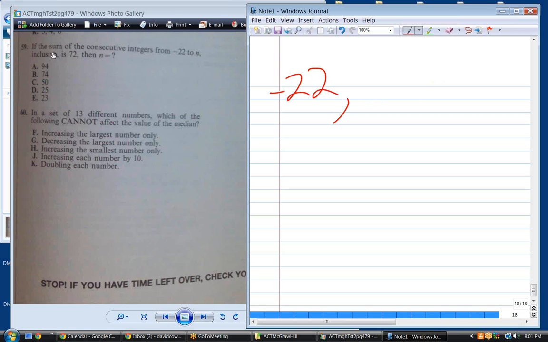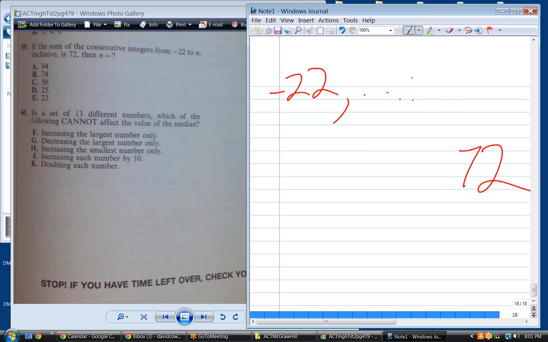Minus 22, sum of consecutive integers from minus 22 to n is equal to 72. What is n? Okay, so you cancel out everything from like negative 22 to 22, right?